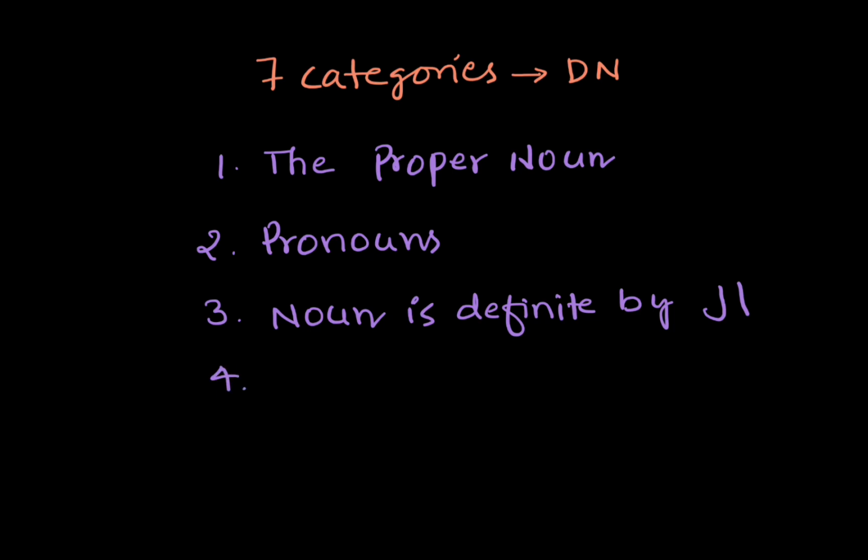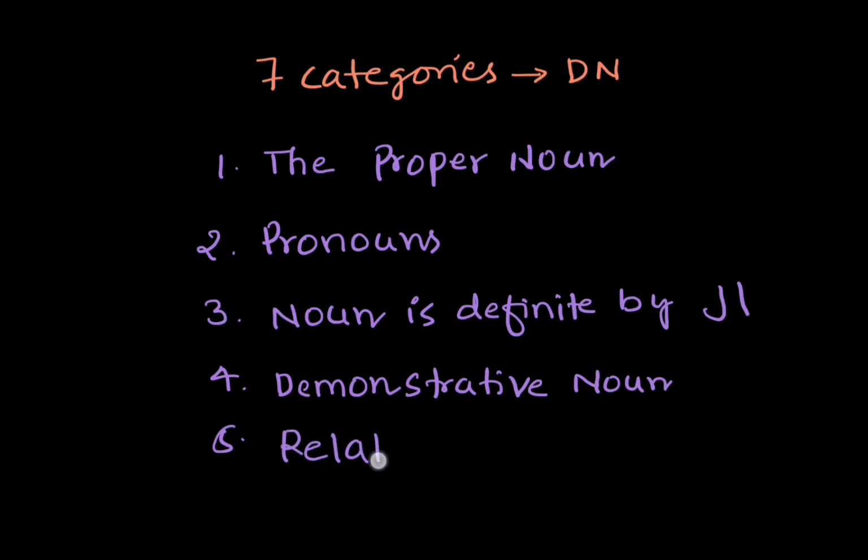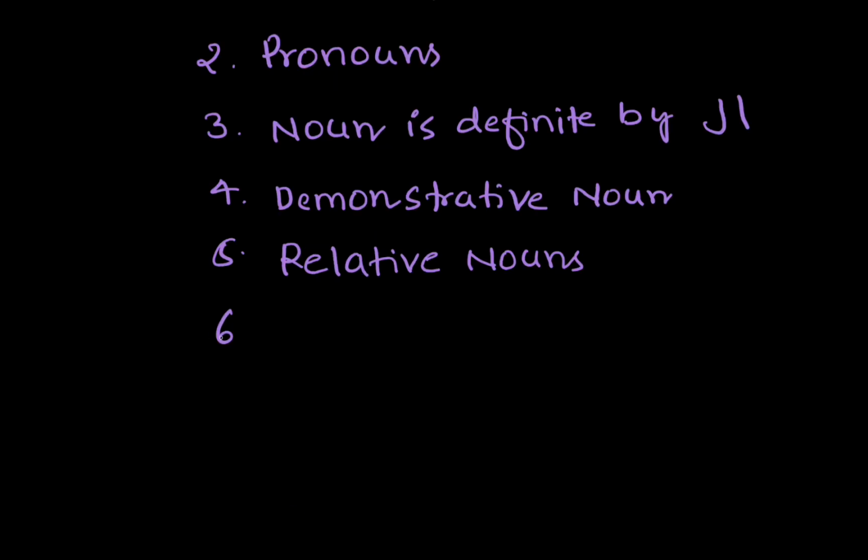The fourth one is the demonstrative nouns. All these categories we will be studying in the coming classes. The fifth one is relative nouns. The sixth one is vocative nouns.